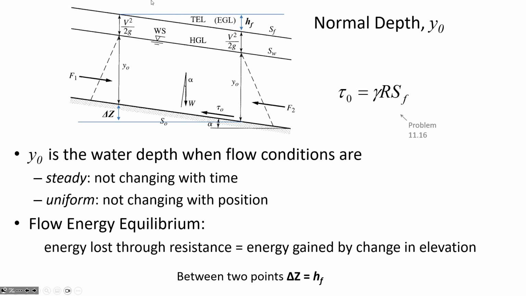And the velocity isn't changing because it's in equilibrium. So between 2 points, any 2 points in the flow field, the delta Z equals H sub F. So the energy loss that we can identify as the water's flowing downhill is the same as the change in elevation.